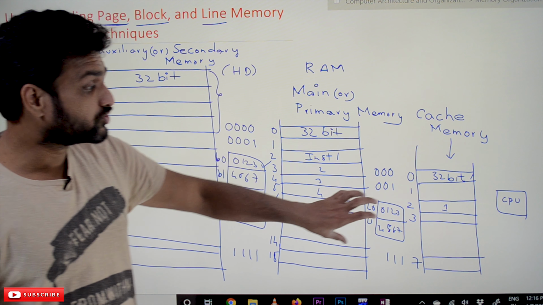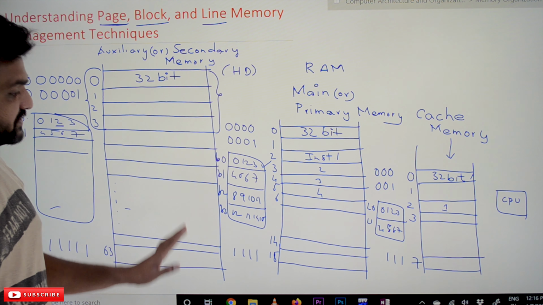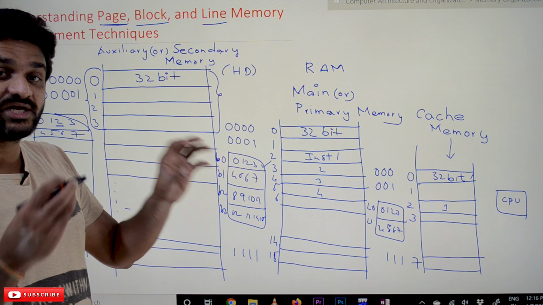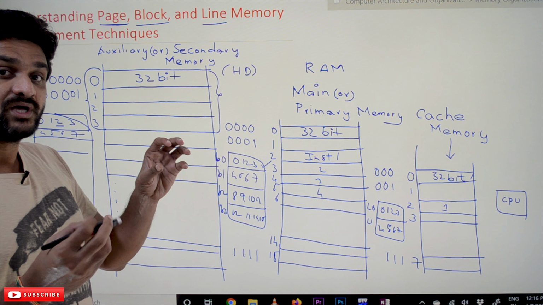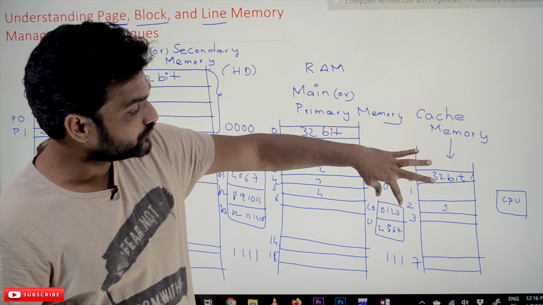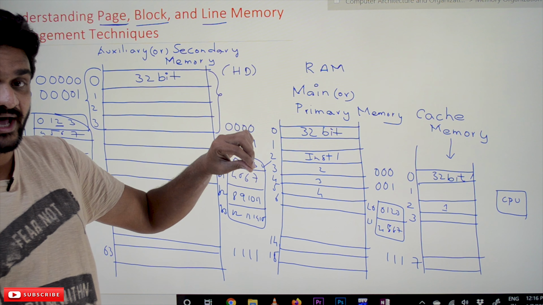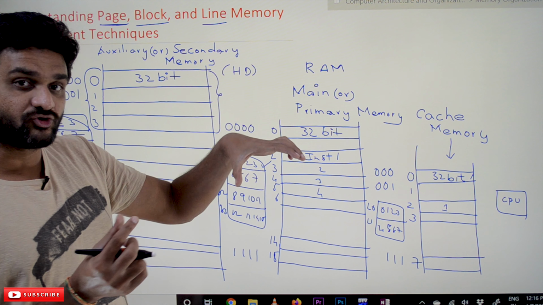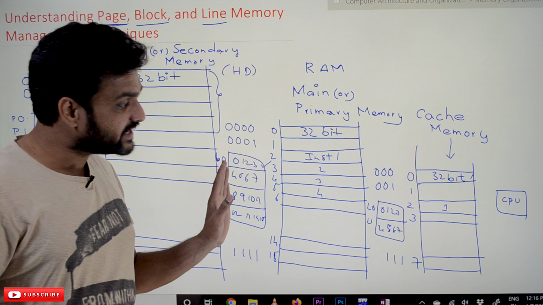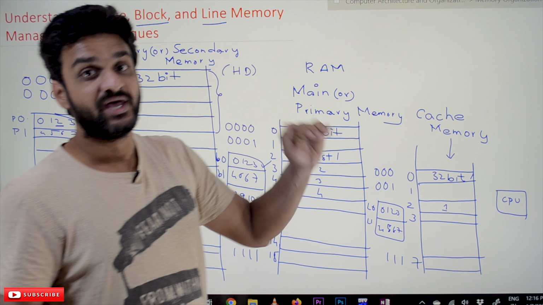So they will be grouped logically, not physically. Physically the memory will be the same, but logically whenever we do memory accesses, these are made as a group, and whenever we try to access any one word of the group, the entire group will get transferred onto the next level of the memory hierarchy.